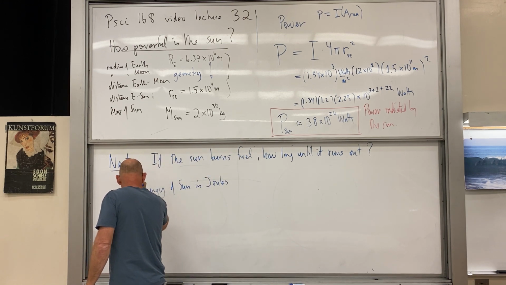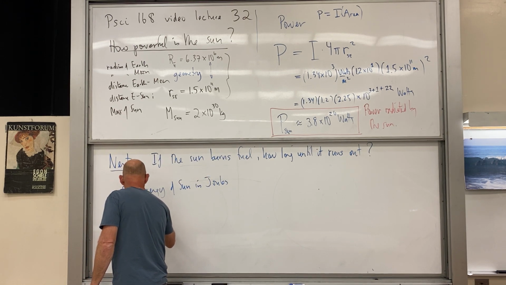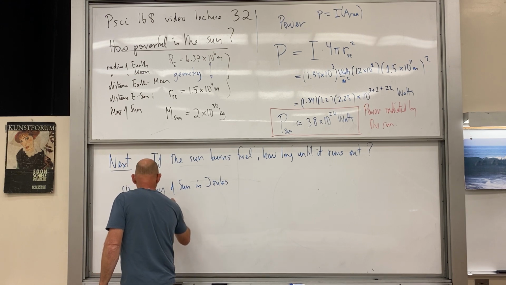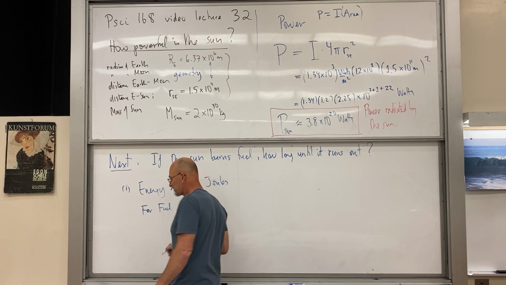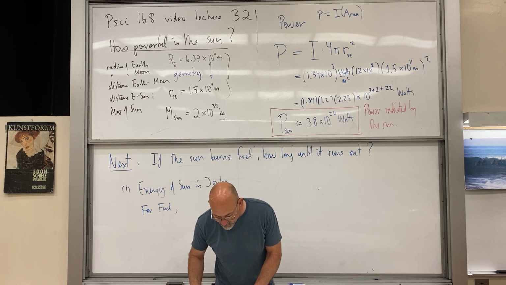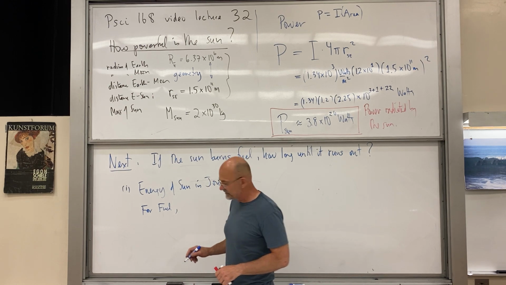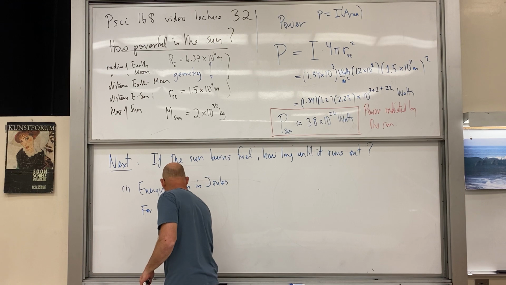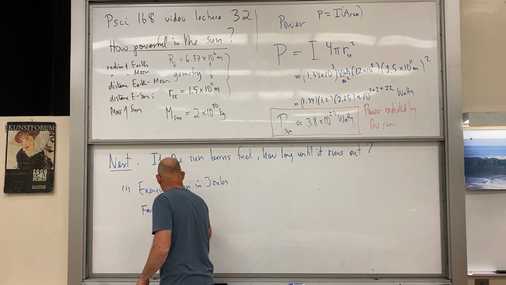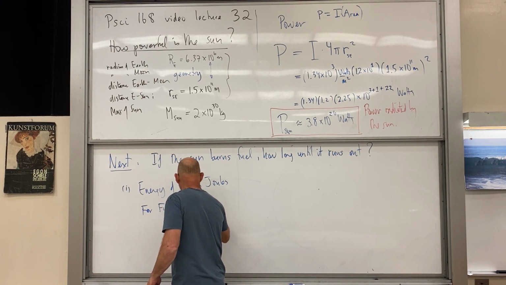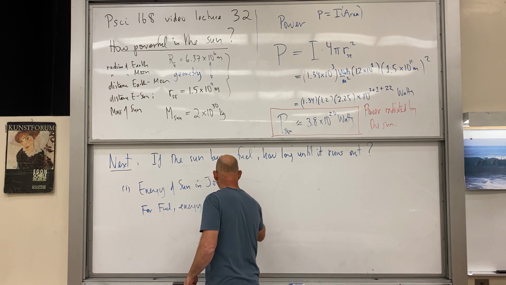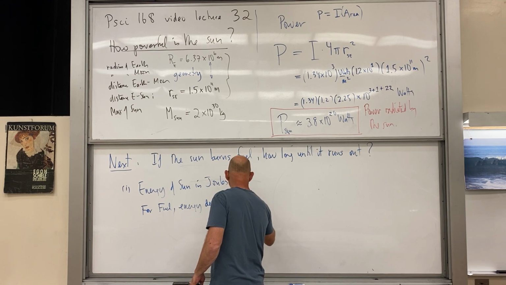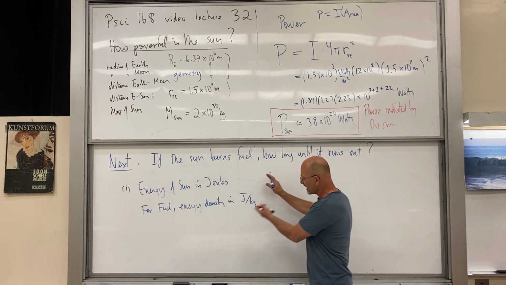So for fuel, let me see what's the way I'm going to start on this, what order. Yeah, I'm going to do this energy density. So for fuel, we're going to write an energy density in joules per kilogram, and then we'll just multiply it through by kilograms.